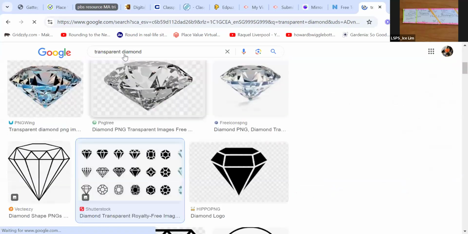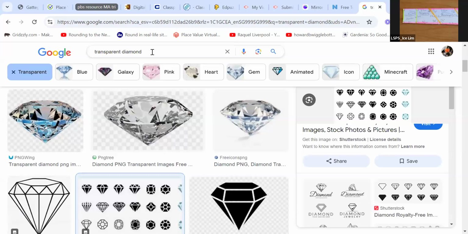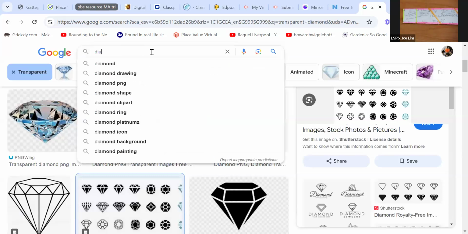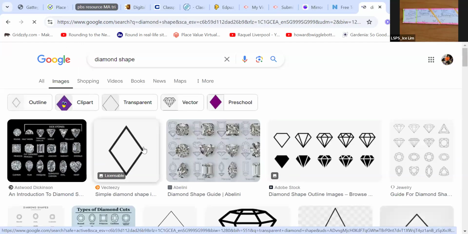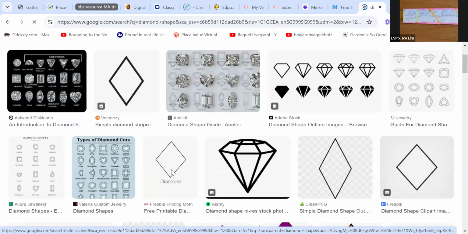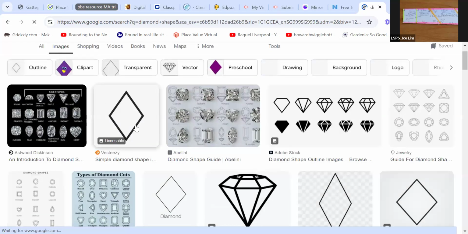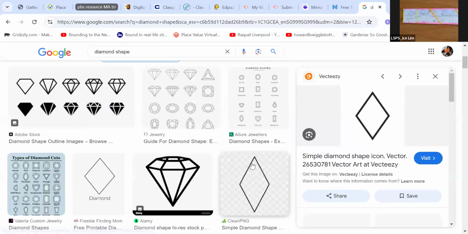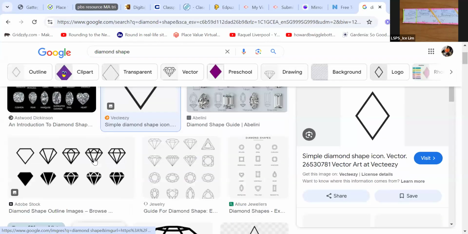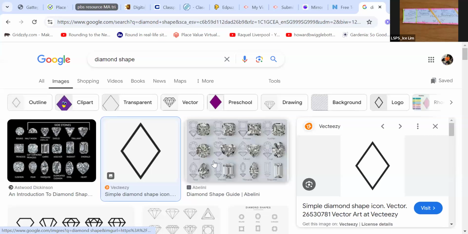But you may have heard when you were in primary one or kindergarten that some of the adults teach you, this is diamond. But actually that's not really a mathematically accurate shape. It looks like a rhombus, it looks like a rotated square, but actually that's not what diamond is.